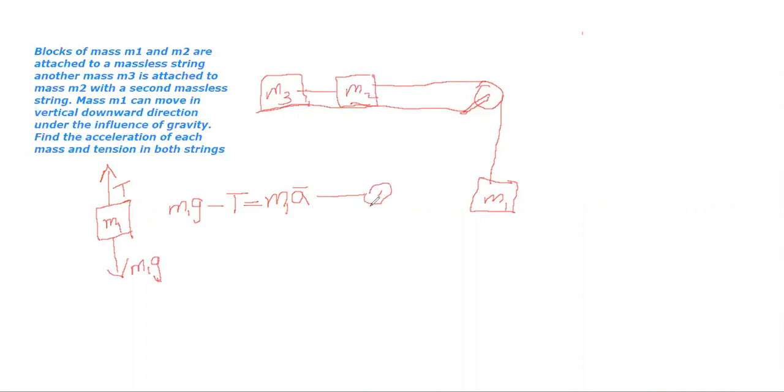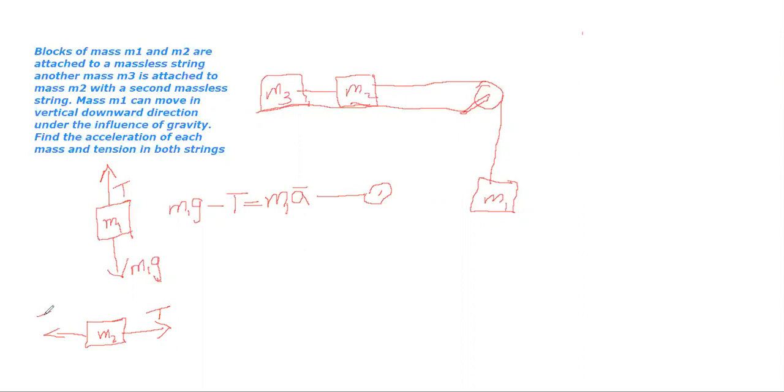And now we need to draw the free body diagram for m2. In the case of m2, it has tension on the string towards the right, that is T, and the force which is holding it back is the tension on the second string.